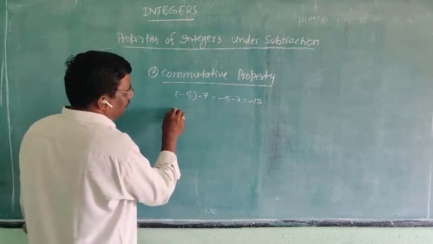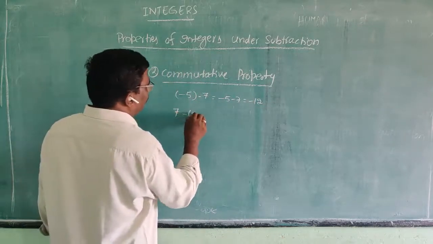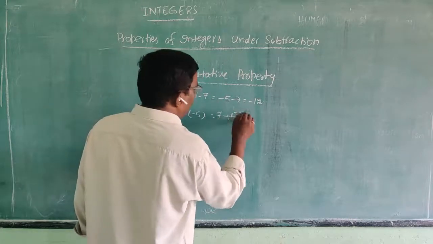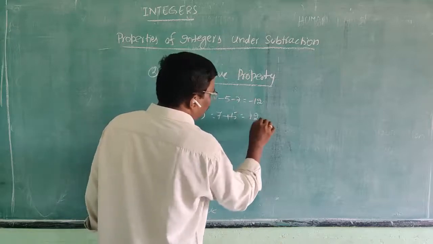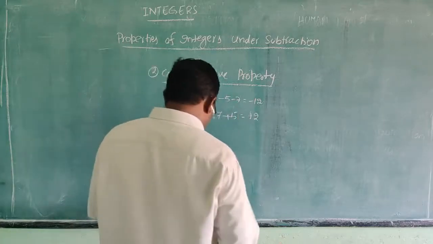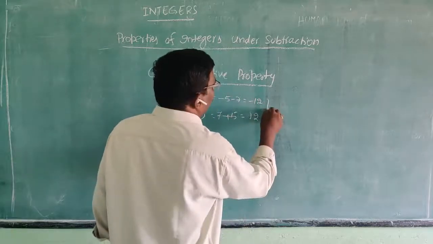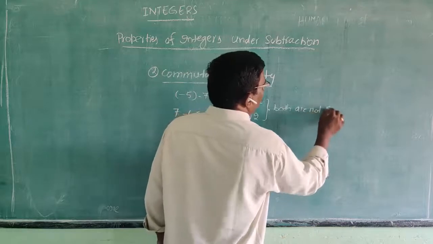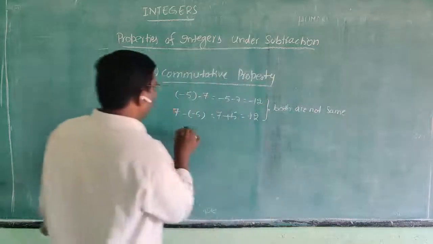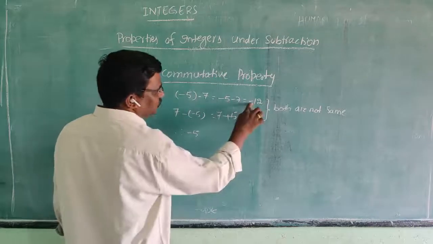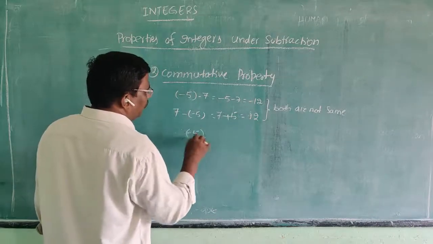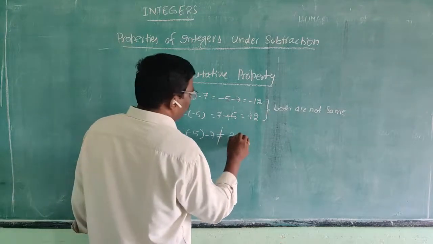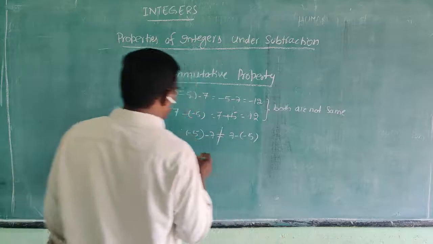Next, 7 minus of minus 5 equals 7 plus 5, that equals 12. So both are not the same. Therefore, minus 5 minus 7 is not equal to 7 minus of minus 5.